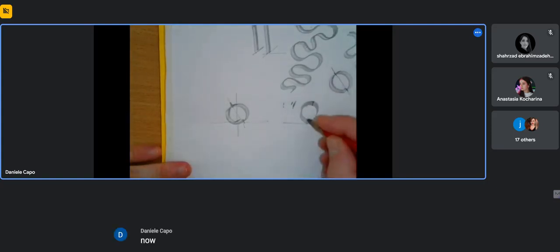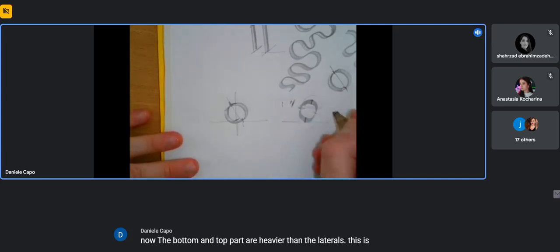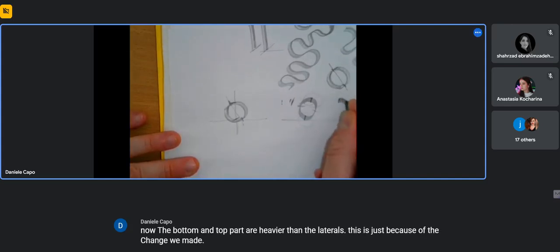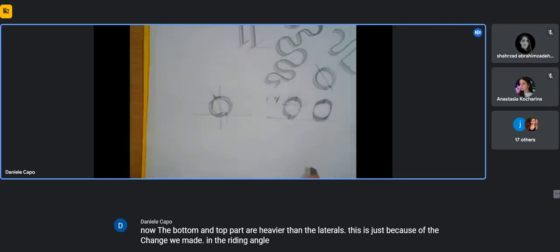The bottom and top parts are heavier than the laterals. This is just because of the change we made in the writing angle.